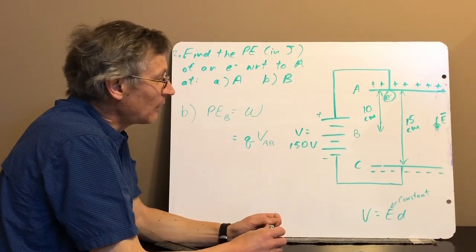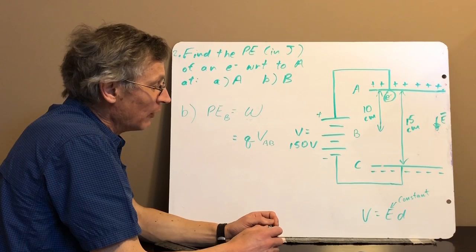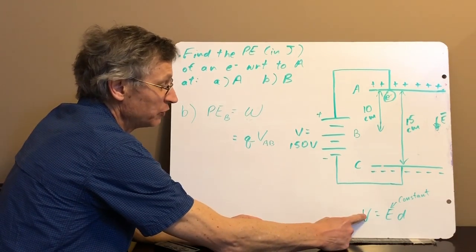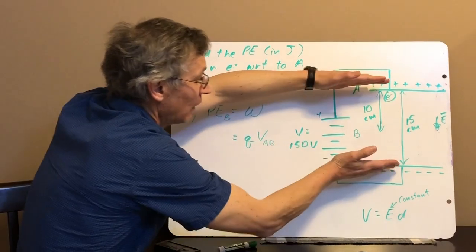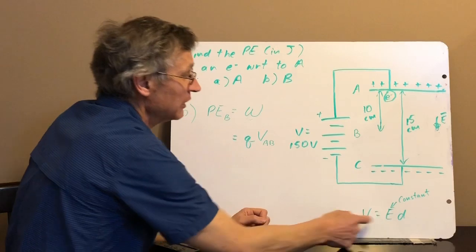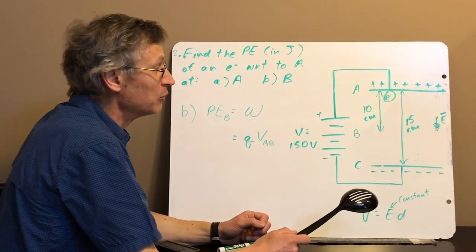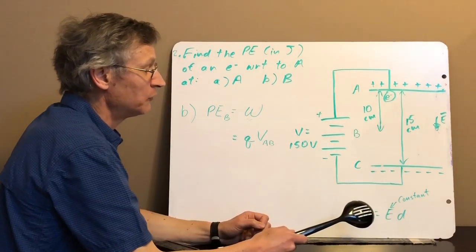Well, what do we know about this situation? We know that the potential difference between the plates is equal to the electric field between the plates multiplied by the distance between the plates.